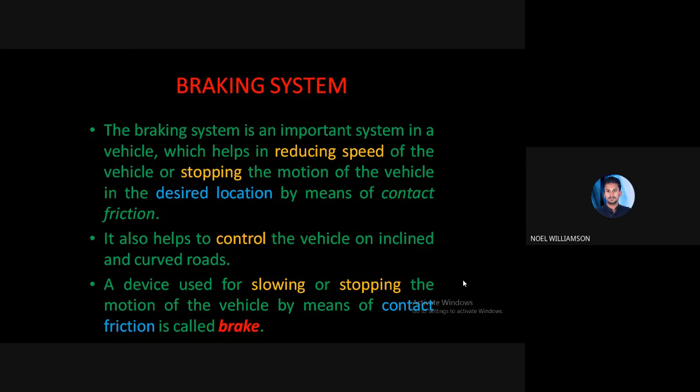That is, it is working under the principle of friction. So this is the braking system. It helps in reducing the speed of the vehicle or stopping the motion of the vehicle in the desired location by means of contact friction.